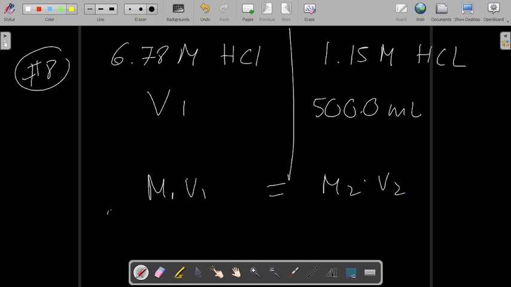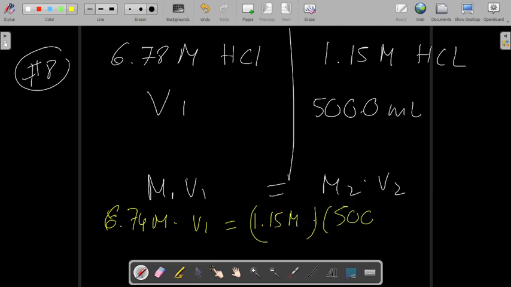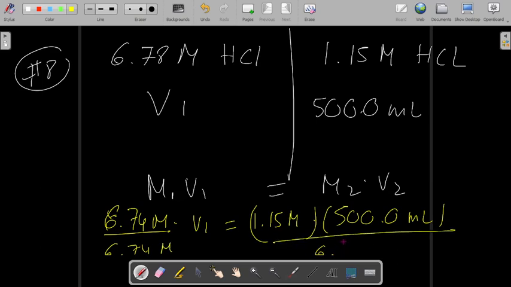So you have 6.74 molarity times volume 1, that's the unknown, equals molarity 1.15 times the volume which is given to you, 500. And remember, you don't need to change it to liters. It didn't say give me the information in liters. So divide this by 6.74 molarity, do the same thing on the other side, or just think if it's multiplying on one side, it needs to be on the other side dividing.